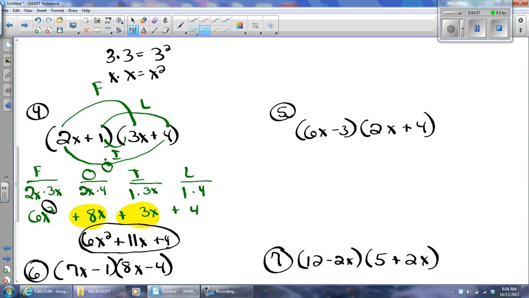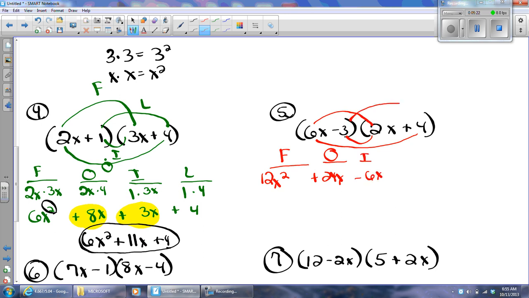All right, I'm going to multiply my firsts, problem number 5. 6x times 2x, 12x squared. I'm going to do my outers. That'll be 6x times 4. That'll be a positive 24x. Do my inners. Looks like that'll be a negative 6x.